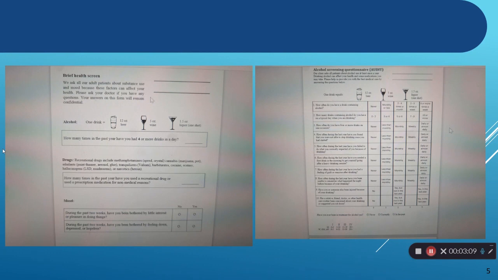Just the first two, alcohol and drugs. Mood is, we already have a PHQ that's attached to our patient intake, so that's not as important, but just the first two are focused on, the alcohol and drugs. And depending on how they score positive, we'll go in and investigate a little bit further about their drug or alcohol use with a few questions, to see if they're appropriate to use the AUDIT or the DAST.